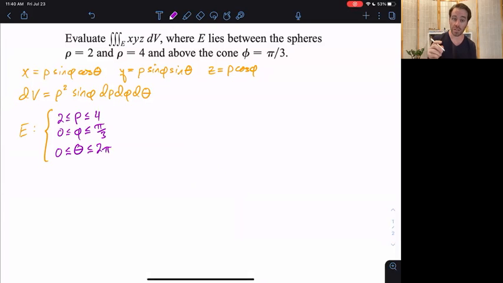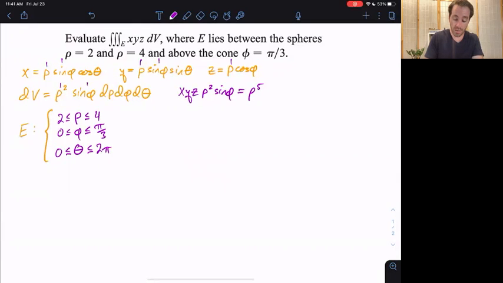Okay, so now we're ready to set up the integral. x y z times rho squared sine phi. This is going to be the integrand. And x y z is going to be rho sine phi cosine theta times rho sine phi sine theta times rho cosine phi, but then also times rho squared. That'll be rho to the 5th. Now look at how many times the other things happen. We've got sine phi, and sine phi, and another sine phi.